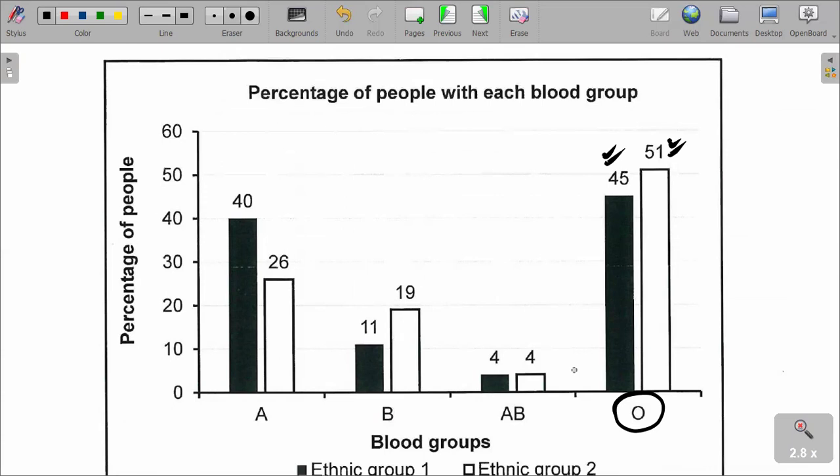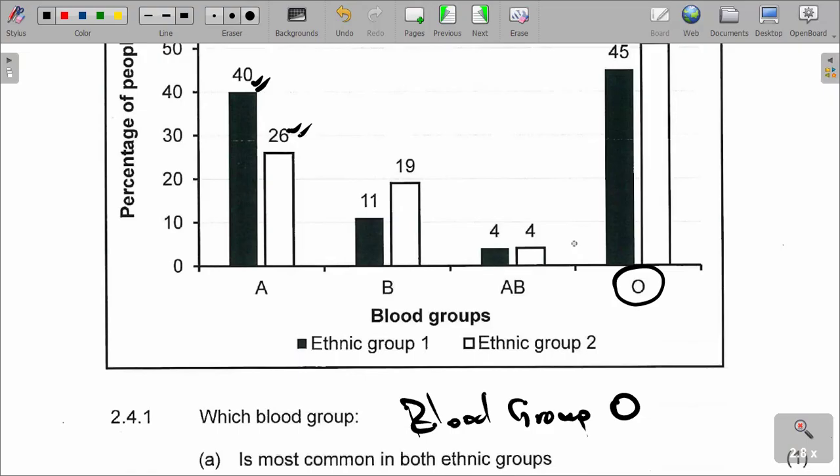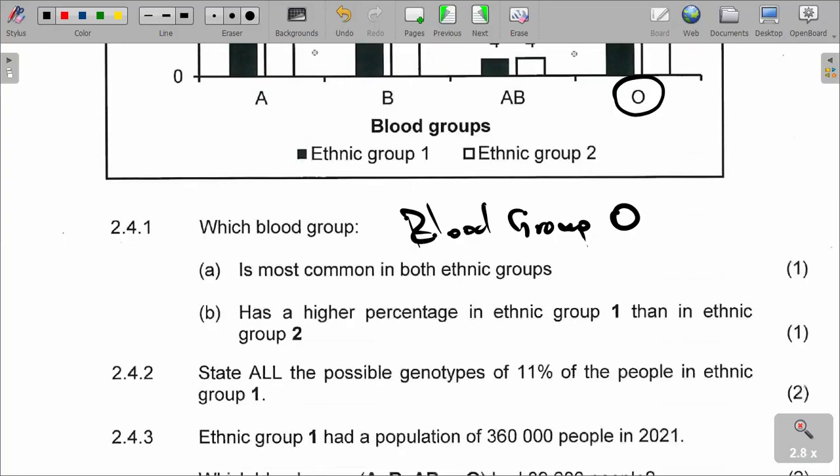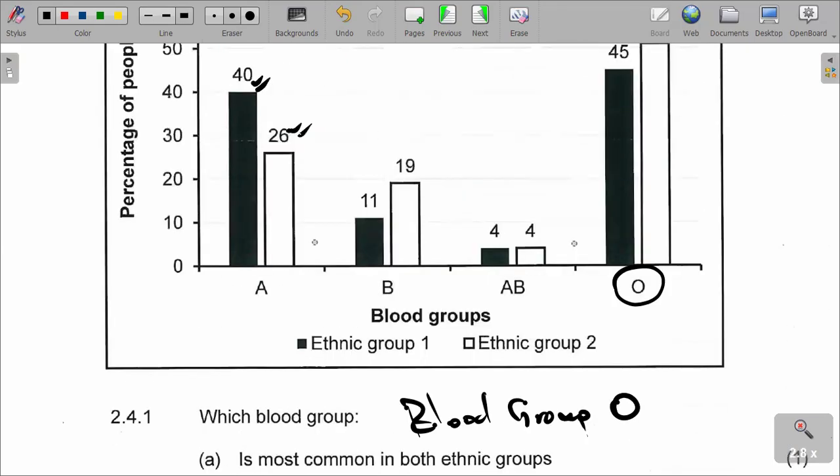Higher percentage in ethnic 1, it's 40, and so it is blood group A. As you can see, we have got a higher percentage of 40% there, and 26%. That is A.